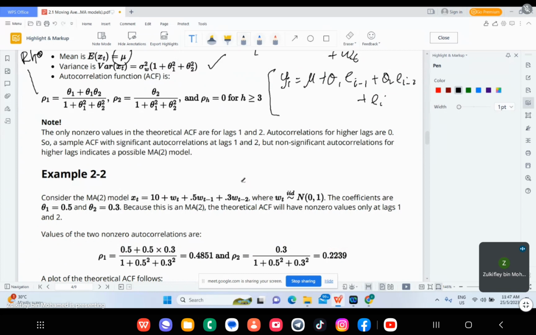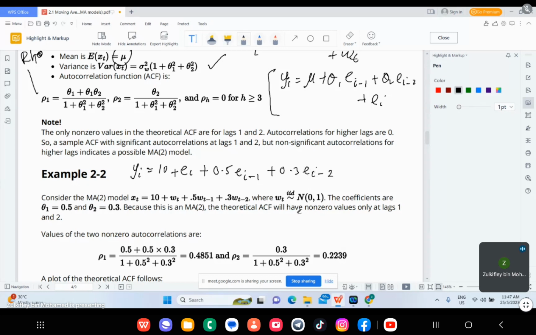So katakan fungsi MA2 kita diberi Yi equal to 10 plus epsilon i plus 0.5 epsilon i minus 1 plus 0.3 epsilon i minus 2. This is MA2.